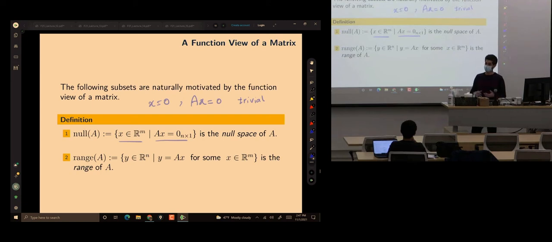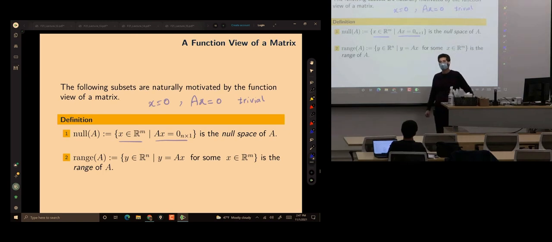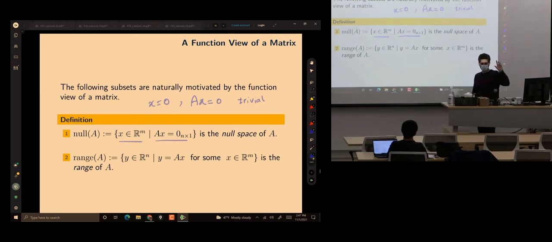But it's more interesting when it has more. What are those possible vectors that A times x gives you 0? Because then we could add it to any solution of the system and it wouldn't change it. Going back all the way to the 3 figures that I had, when the null space has any non-zero vector, you could get an infinite number of solutions.